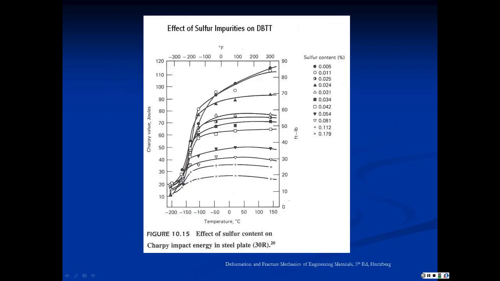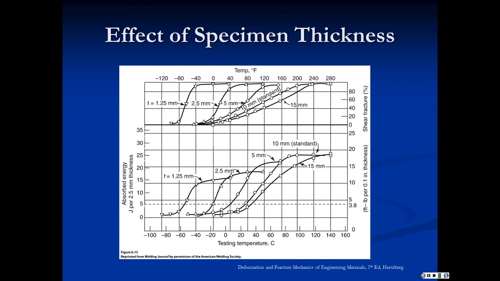So you'll have a criteria that will not allow you to design within 10 degrees of the ductile brittle transition temperature. Now, if you go back and look at how some of these can shift that dBTT, you see if your specimen is, let's say, a 10 millimeter specimen, that dBTT would be at 60. A 15 millimeter specimen is going to be at about 17 degrees higher, 70 something.